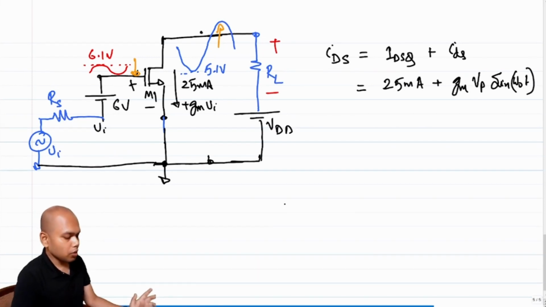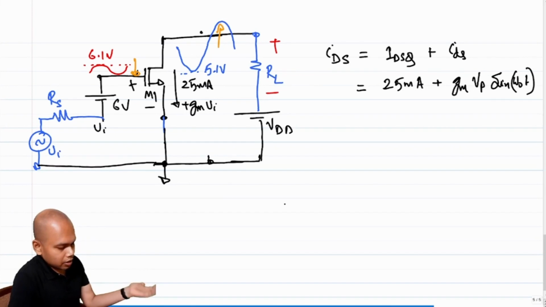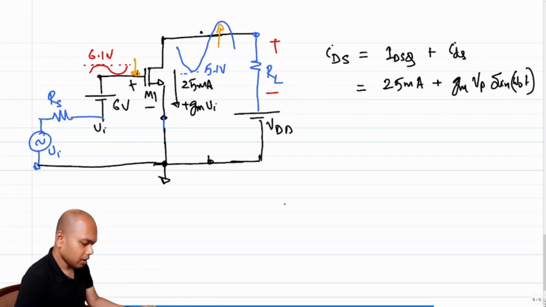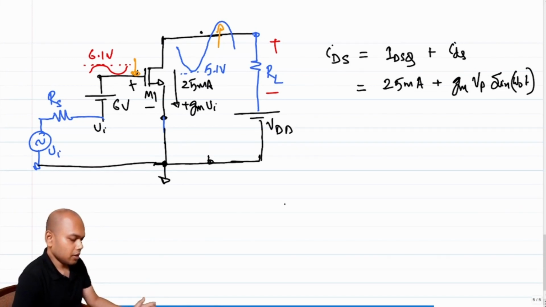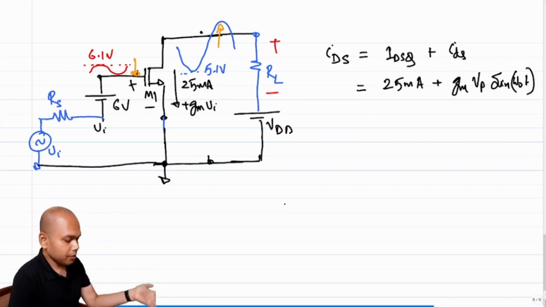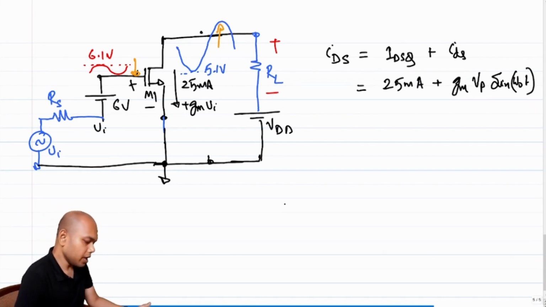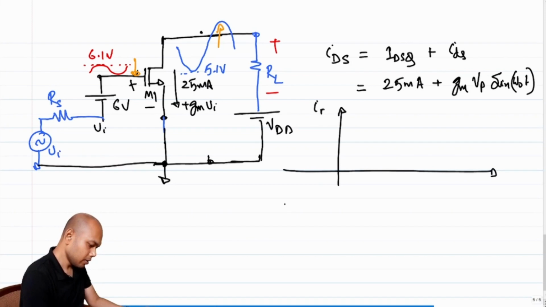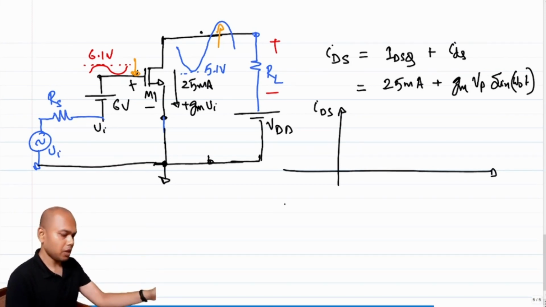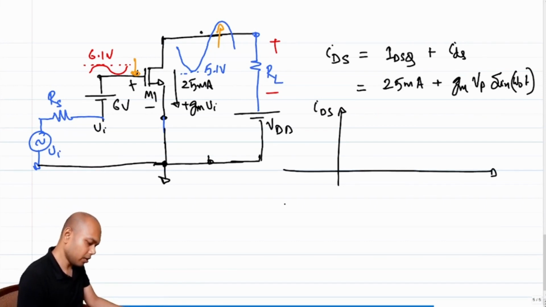Now what needs to happen? Rather, let me ask you this. What do you think your total IDS will look like? If I sketch the total IDS, again total IDS is IDSQ plus GM VP sine omega naught t.